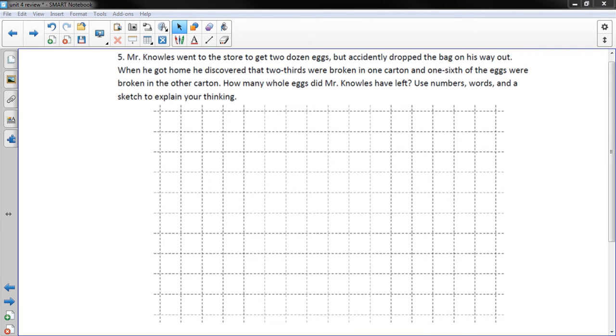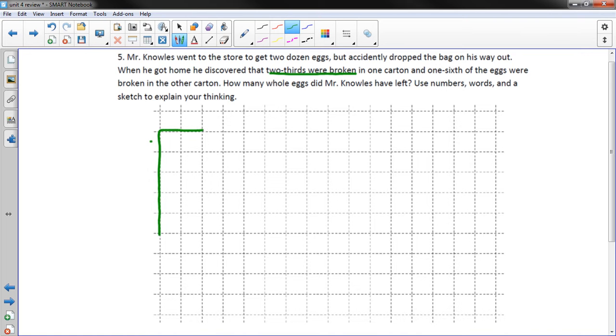Okay, so I'm going to start with my first egg carton right here. 2/3 were broken. So I'm going to draw an egg carton. 1, 2, 3, 4, 5, 6. And I'm going to put it into thirds.